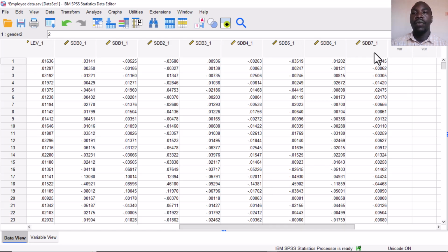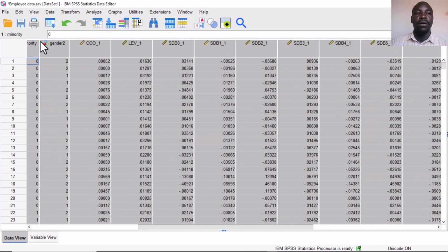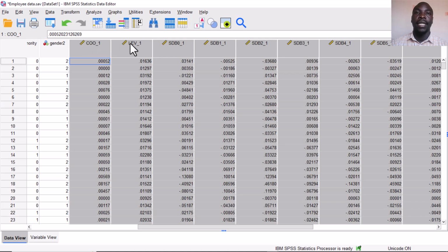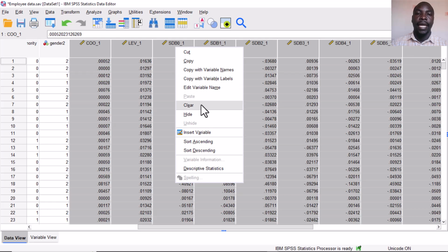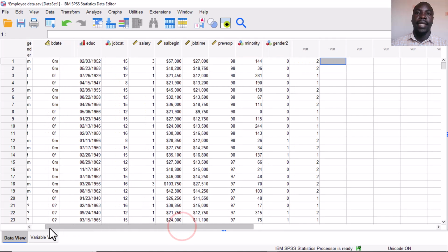So for now, we do not need them, and I'm just going to highlight those variables that were generated during testing for assumptions, and then I clear them, so that we have our small data set.